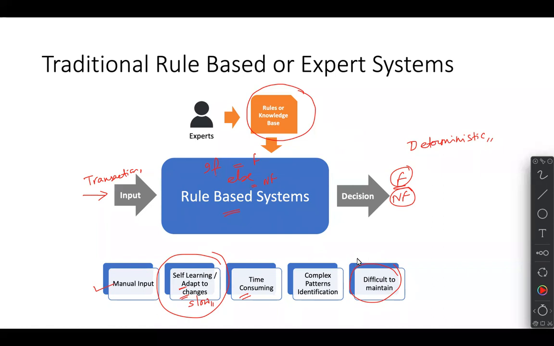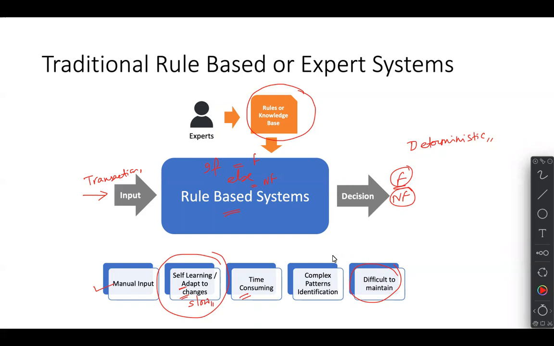Especially in fraud detection, it's possible that new fraud patterns might arrive every 48 hours or every week, but these systems take months to adapt to those changes. So to eliminate risk, today organizations want a system which can adapt very quickly.